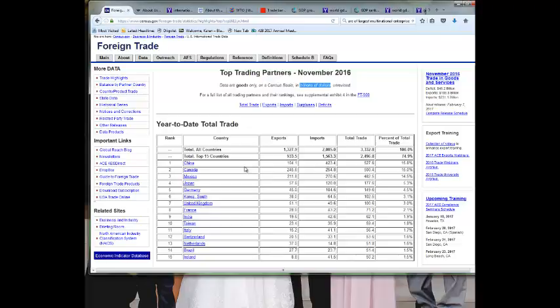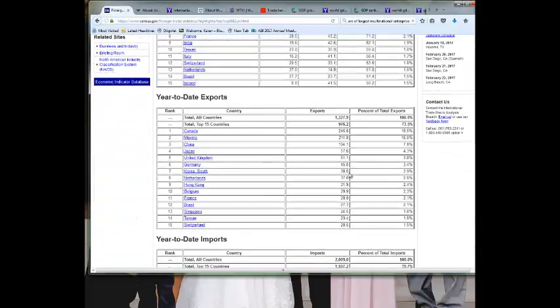So if we look at our overall trading partners, exports and imports combined, our top 5 trading partners are China, Canada, Mexico, Japan, and Germany. Let's scroll down a little bit and look at our top exporting partners. In other words, where do our goods go?